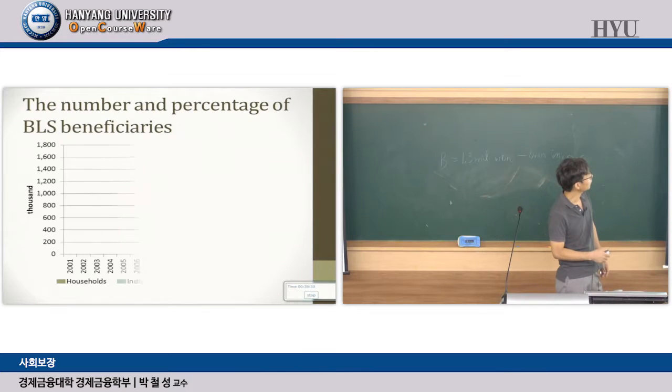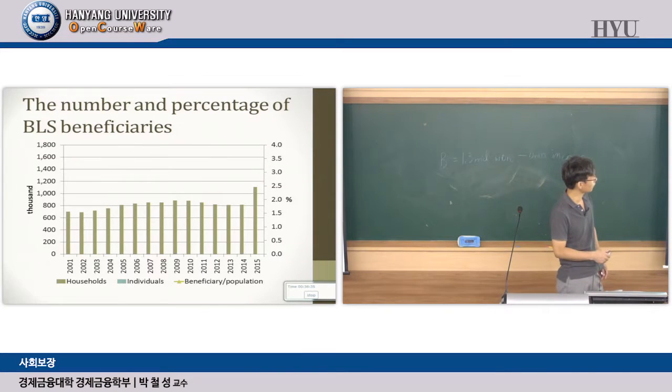Okay, and the number of people who get the benefits. These are the number of households, around 800 thousand households. Except for 2015, as I said, which has seen a big increase, more than 1 million households. Probably 1.1 million households in total.